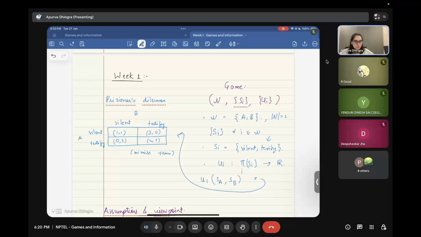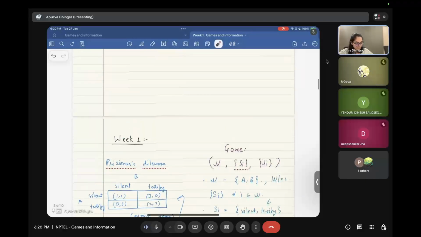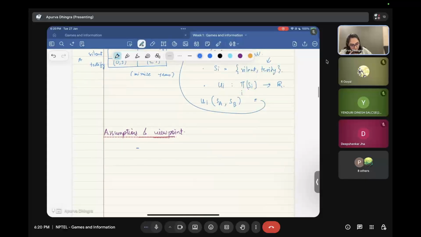Okay, so in a very simple form, in just this much, we have managed to capture most of the things required to describe these types of games. Now, the typical assumptions in game theory settings, or the kind of games that we'll be talking about mostly, are that first assumption is that the players are not communicating with each other.